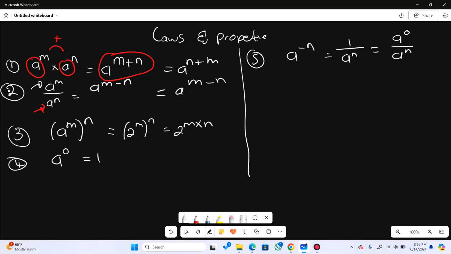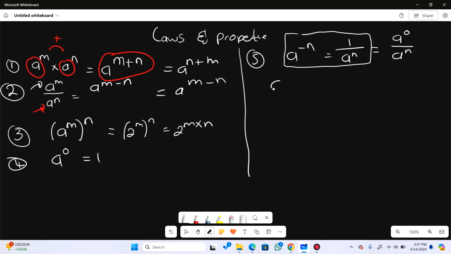Now looking at property number 2, we have a quotient, or a division. What do we do? Well, we have a raised to the power 0 minus, remember that the denominator always has the negative, so minus n, which gives us a raised to the power negative n. This proves that these two are indeed equal.